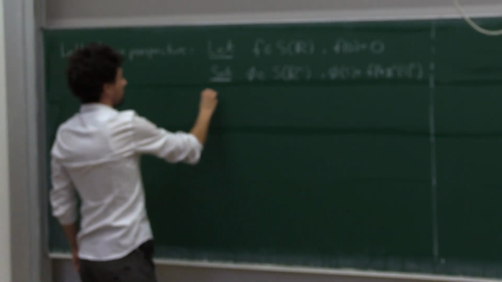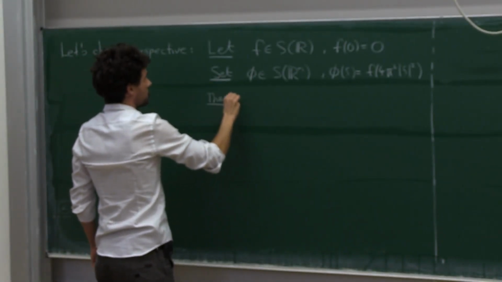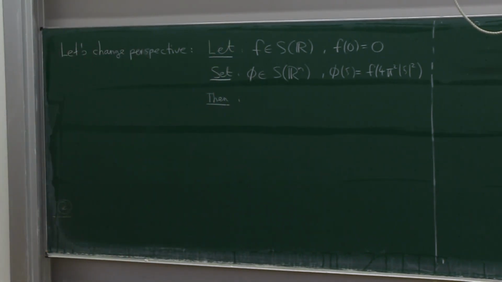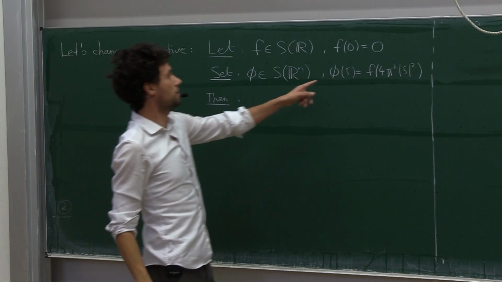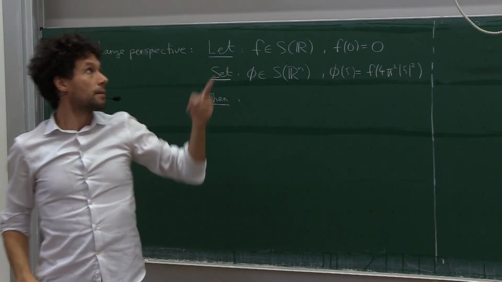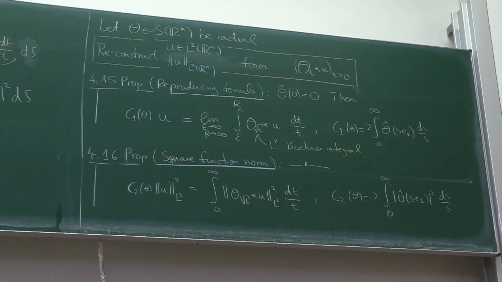Okay, and then, which is the function that I want to apply these results to? Well, you see, phi of 0 is f of 0 is 0. But these results require vanishing at the origin for the Fourier transform.